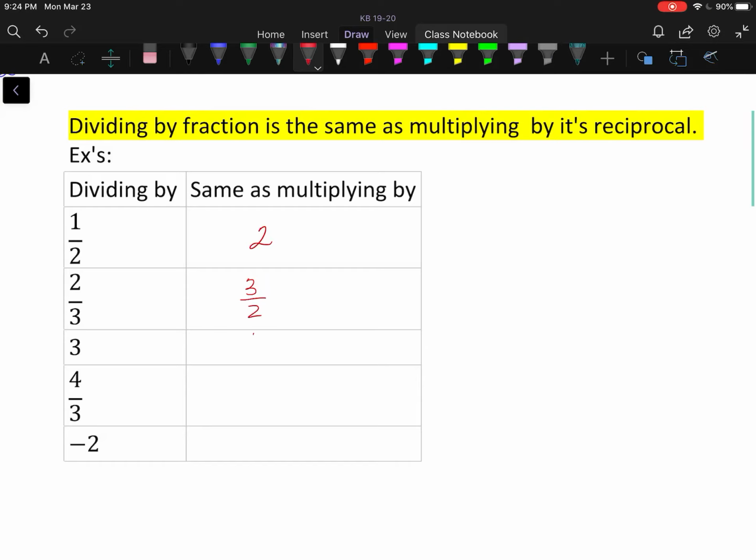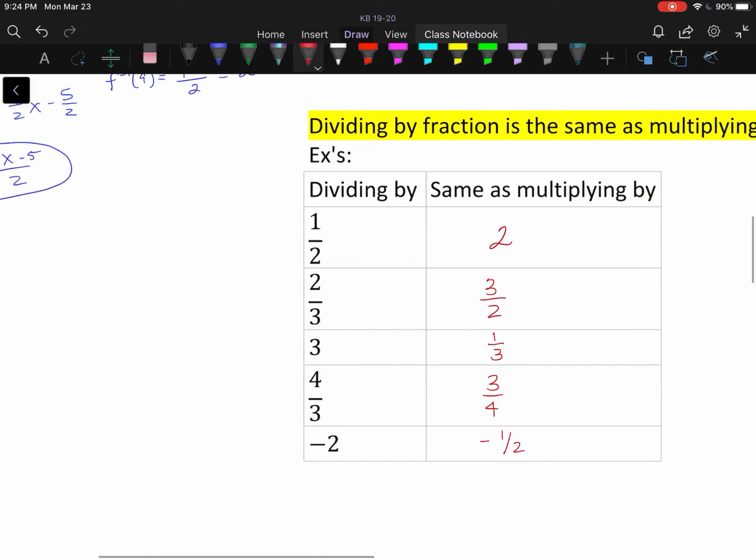Dividing by 3 is the same thing as multiplying by 1/3. Dividing by 4/3 is the same thing as multiplying by 3/4. And then dividing by -2 is the same thing as multiplying by -1/2. And this should be helpful for us, especially with this next problem.